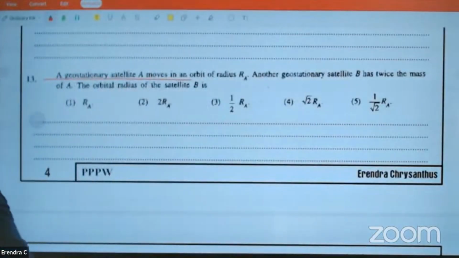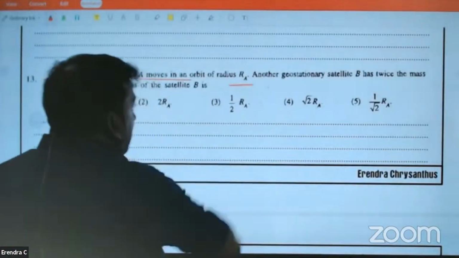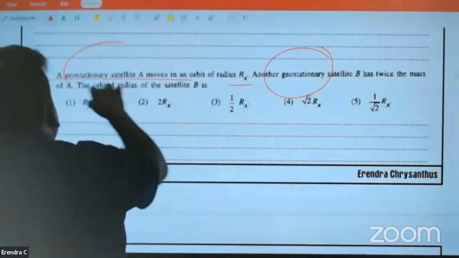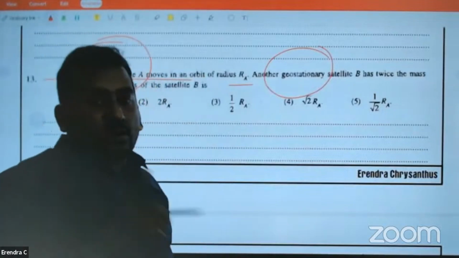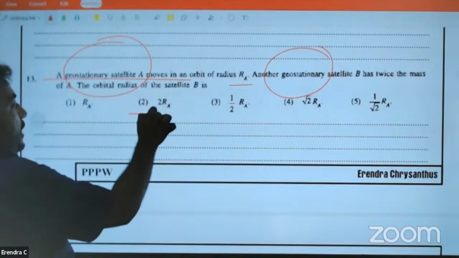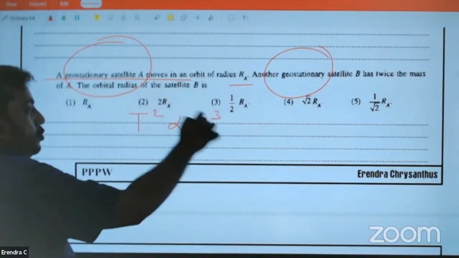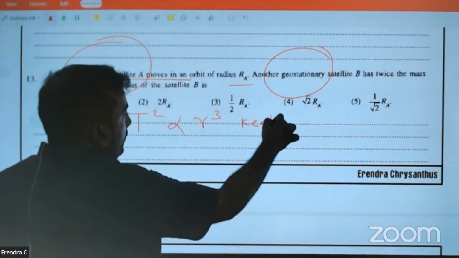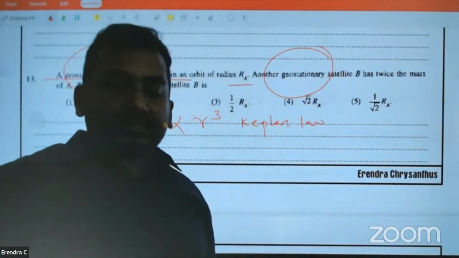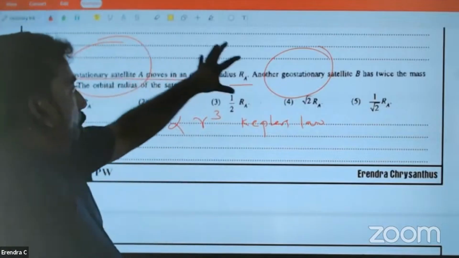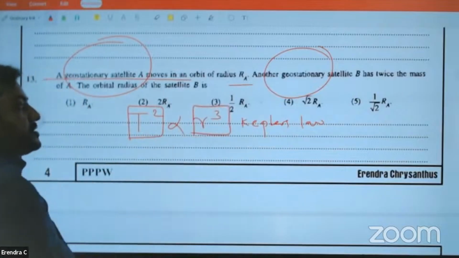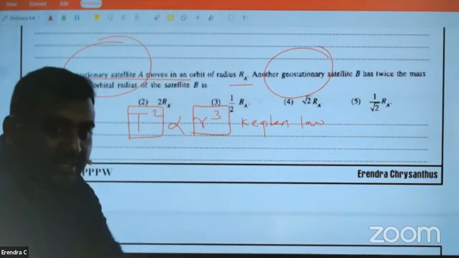A geostationary satellite moves in orbit at radius RA. Another geostationary satellite. Geostationary satellites have one periodic time. You know Kepler's law: P squared is proportional to R cubed. If the orbit periodic time is the same, the orbit radius is also the same. You can't have two radiuses.